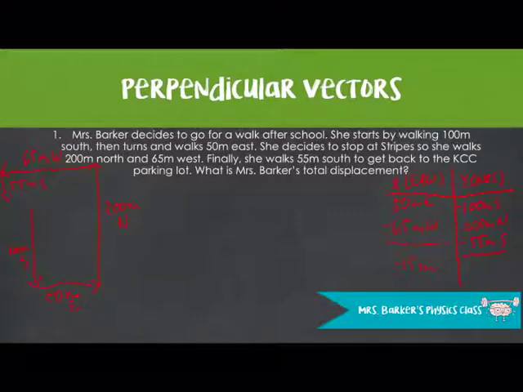Over here, similarly, I have 200 minus 155, so that should give me 45 meters north. This would be west. Okay, so if I draw that triangle, I have 15 meters in the x direction and 45 meters in the y direction.